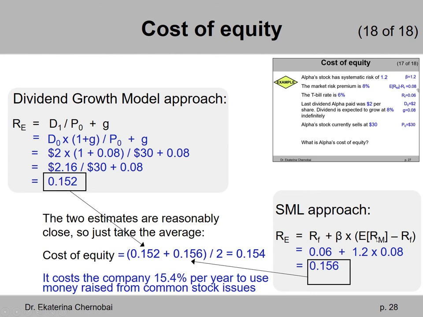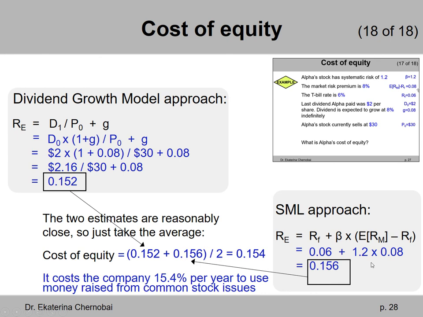Maybe you always trust the SML approach better because it accounts for expected future risk, the beta. So maybe you just don't even do the dividend growth model approach. So your final answer would be 0.156.